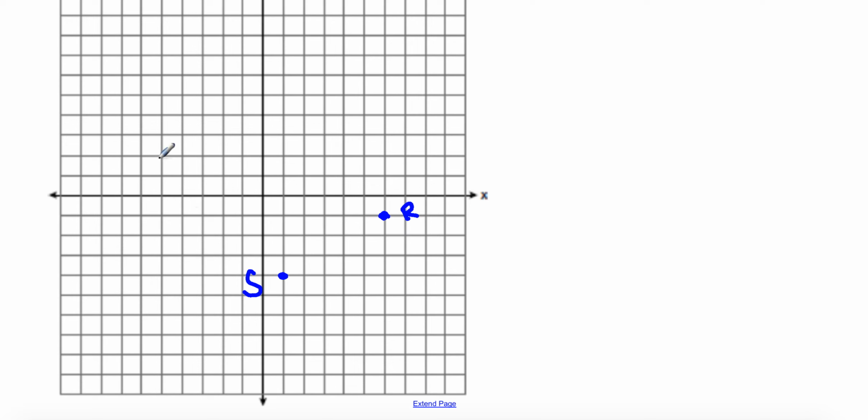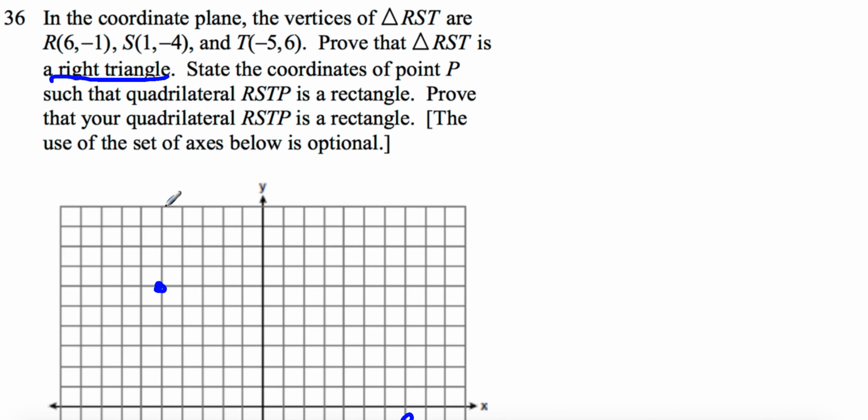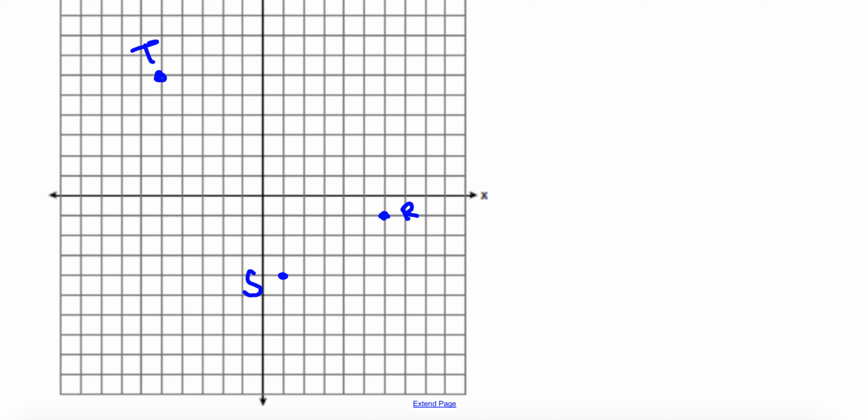And then 1, 2, 3, 4, 5, 6. So that's T. Now, how can we show that it's a right triangle? Let me try to connect those points first. It looks like this seems to be the right angle.